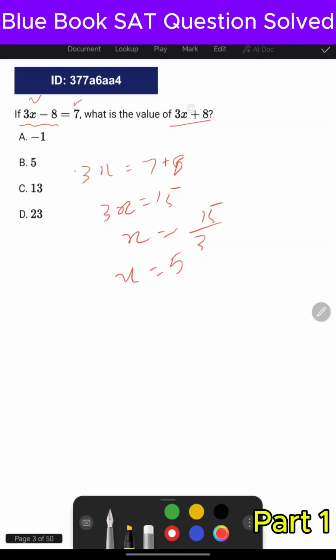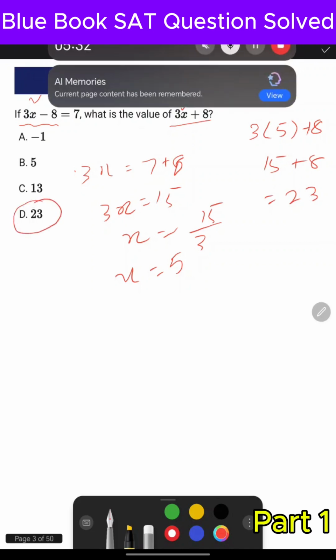Now if we place this here, 3 into 5 plus 8, which means 15 plus 8, which is equal to 23. So D is the answer for this.